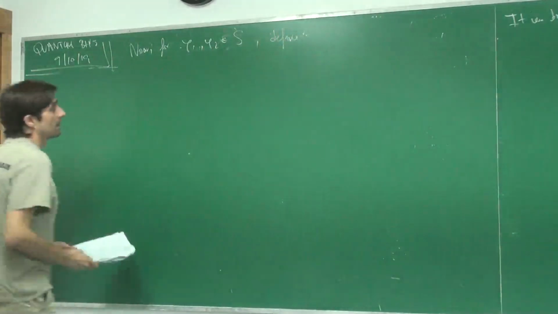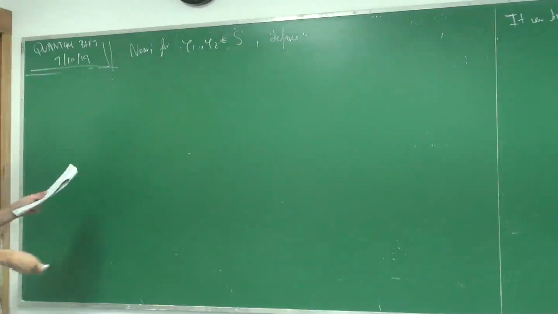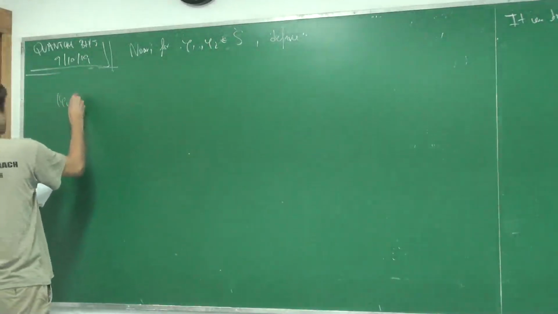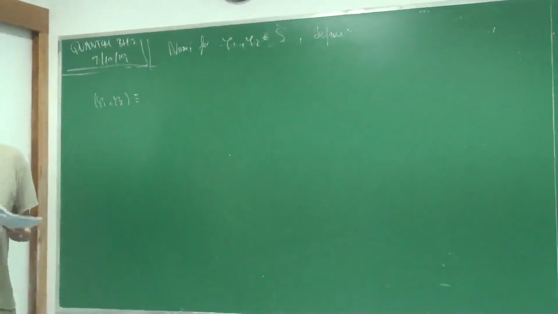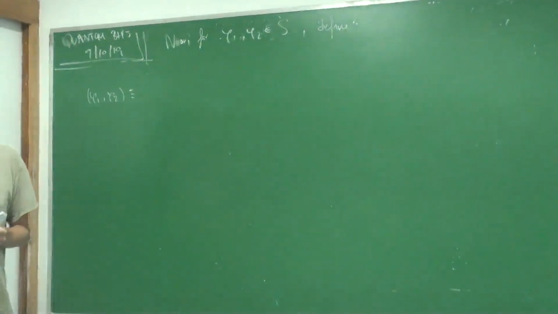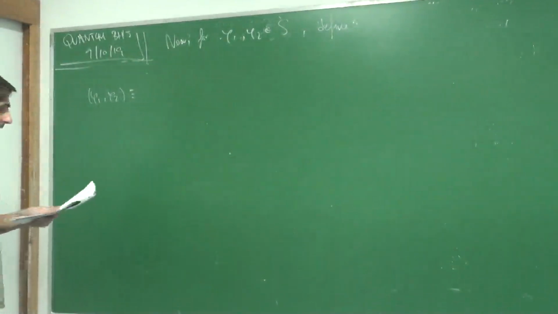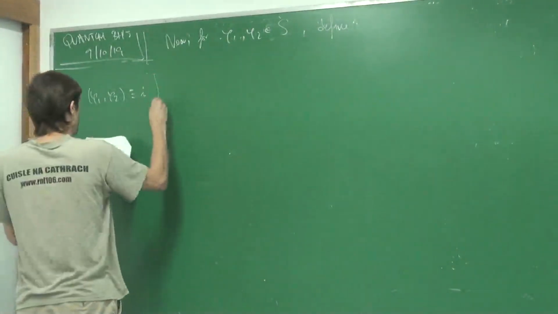These are just general solutions of the Klein-Gordon equation. And we define the inner product for solutions of the Klein-Gordon equation in the following way.